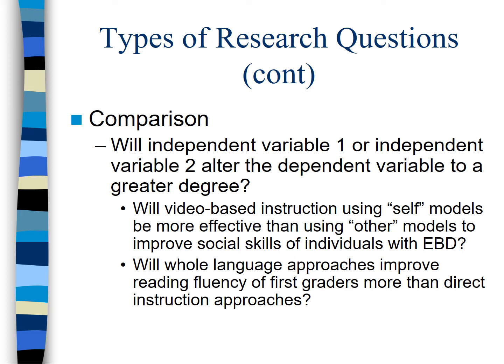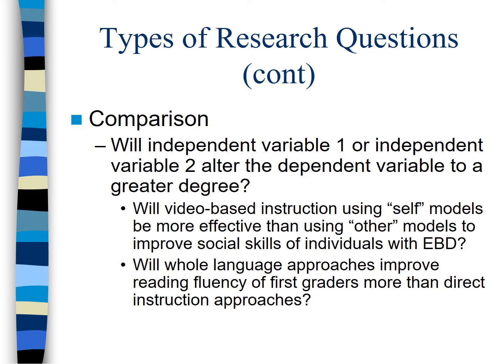A couple of examples. Will video-based instruction using self-models be more effective than using other models? So self-model would be the actual participant in the video, and then other models would be someone else, another person. It could be another peer, classmate. For example, I did a study with Erica Pinter, and we looked at a kid that was in math group having disruptive behavior, and then we had kids that were his age serving as peer models with participation in math group.